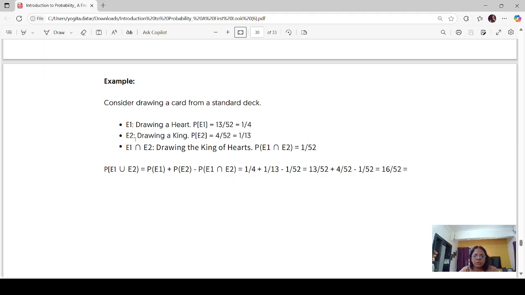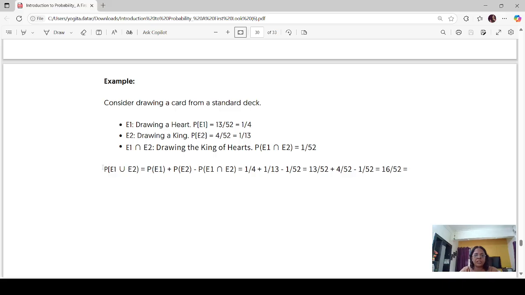Now these two events are not mutually exclusive events. Why? Because the suit heart contains 1 king card. So these two are the overlapping events having 1 card common between them, which is the king of hearts. So the probability of intersection of these two events is 1 by 52.